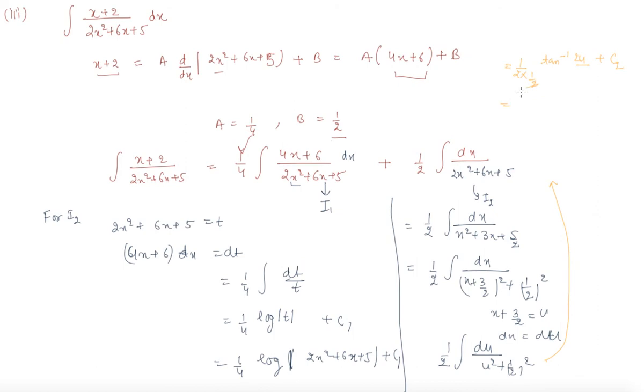So the 1 cancels out, or you can say tan inverse 2u. What our u is x plus 3 by 2. So this is 2 times (x plus 3 by 2), or I can write that as tan inverse (2x plus 3). So on getting I1 and I2, I can add both of these and we'll get the final answer.